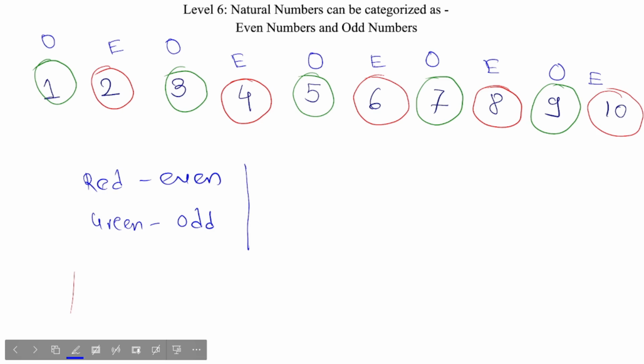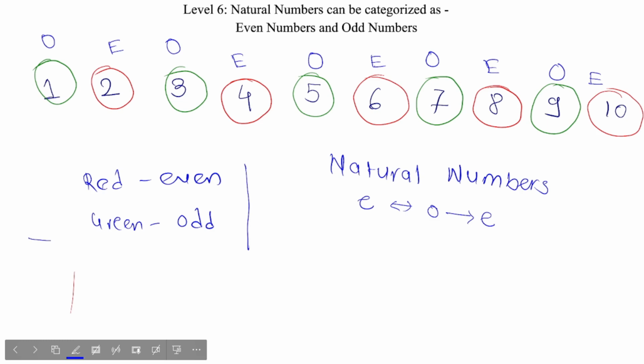So we observed that in the natural numbers, every alternate number is placed like even and odd, even and odd, like this. So this combination of even and odd makes up our natural numbers, and that is the reason natural numbers are categorized into even and odd format.